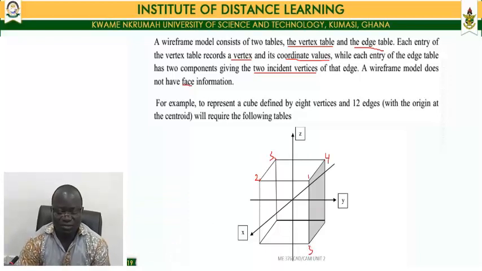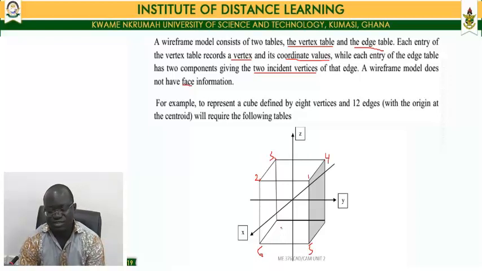So these are the vertices. Now it has 12 edges. The first one between 1 and 2, 2 and 3, 3 and 4, and all that. We can count them: 12 edges.